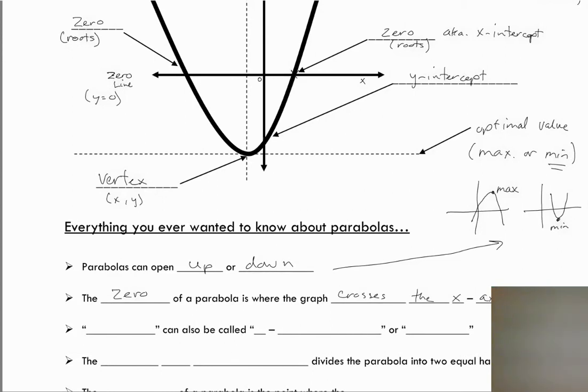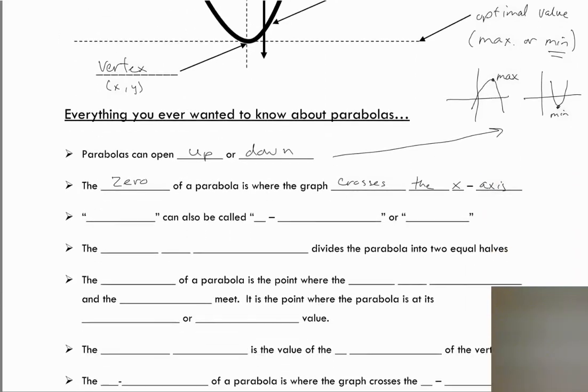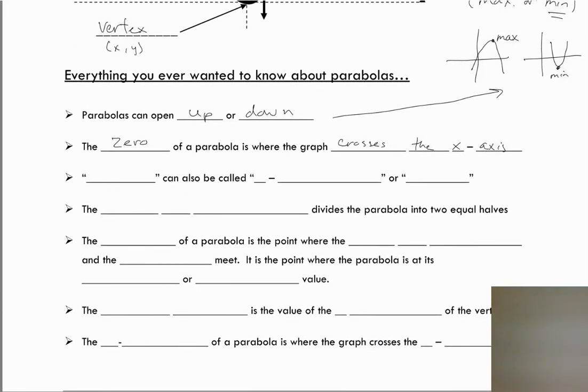It crosses it once or twice, and sometimes it doesn't touch it at all. The zeros can also be called x-intercepts or roots. So something we mentioned above. The axis of symmetry divides the parabola into 2 equal, symmetrical halves.